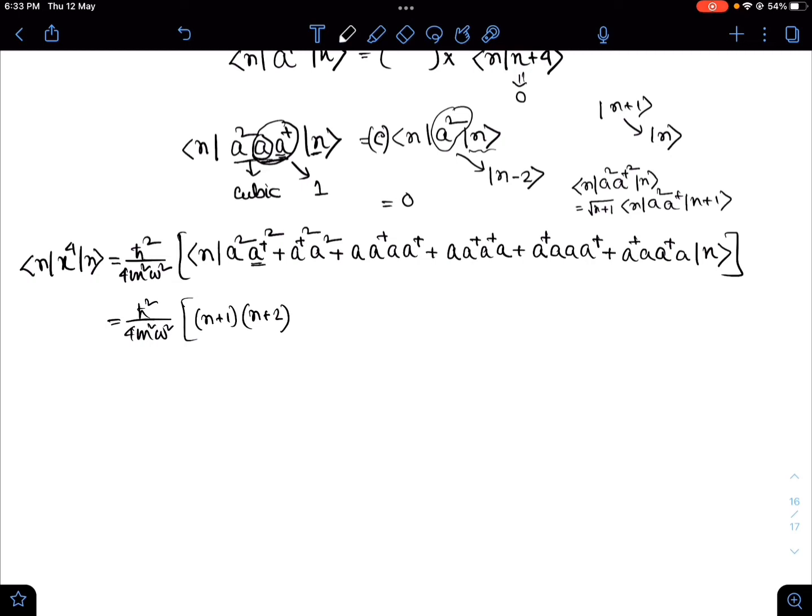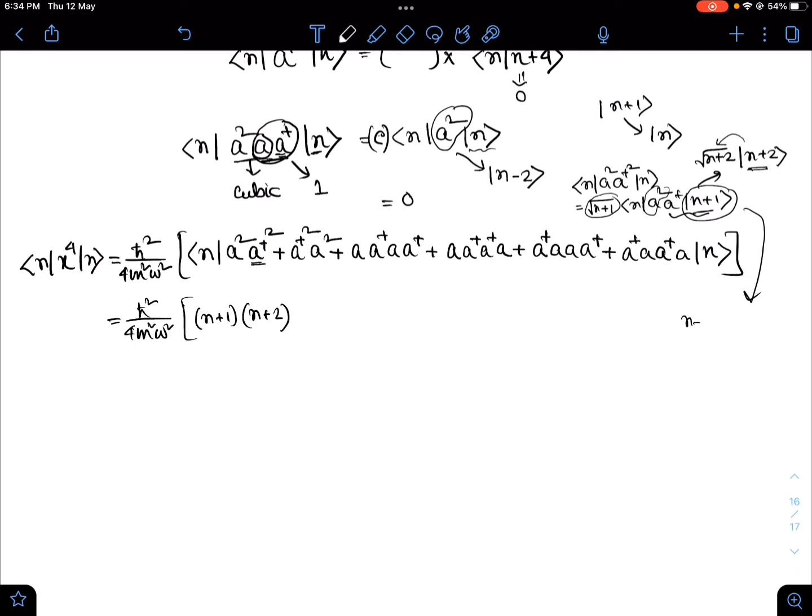Now if we apply this again, this will be root over n plus 2 into the n plus 2 state. Similarly, when we apply the next a to this state, it will again give a root over n plus 2 factor and bring the n plus 2 state to n plus 1, and when we apply the last a, it will give again a root over n plus 1 factor and bring n plus 1 down to n. So this will be n plus 1 times n plus 2, and the overlap is 1, so it will give us this.